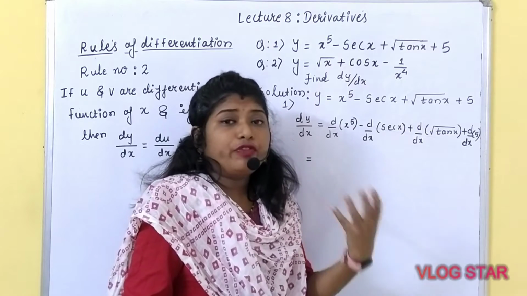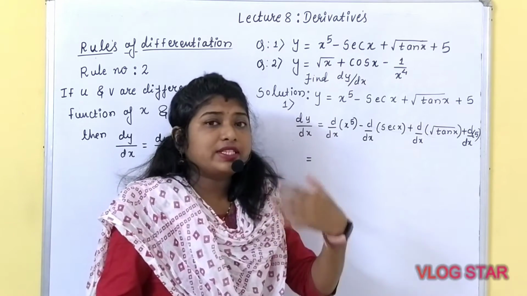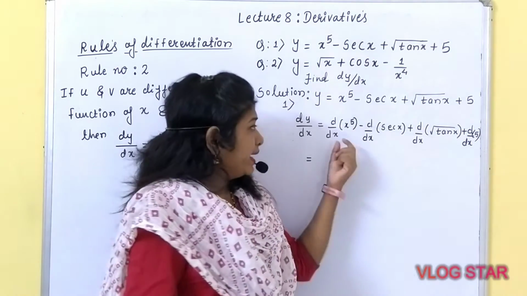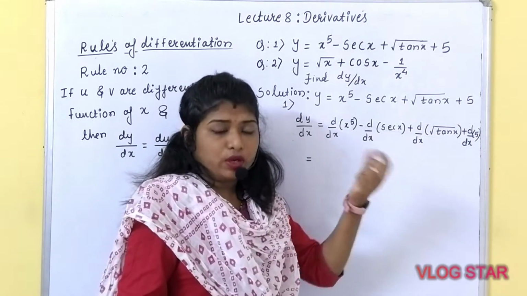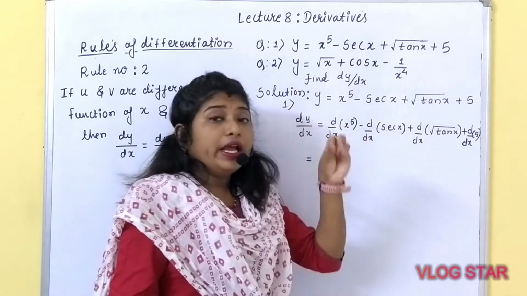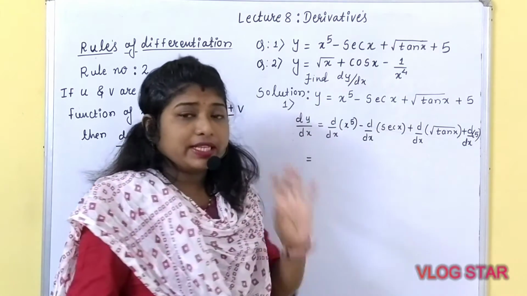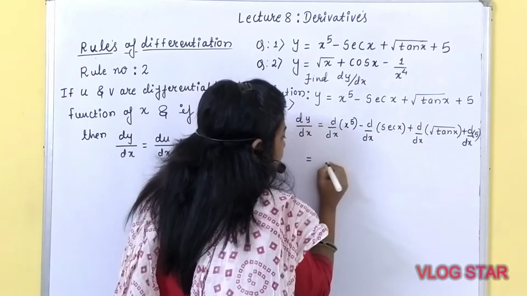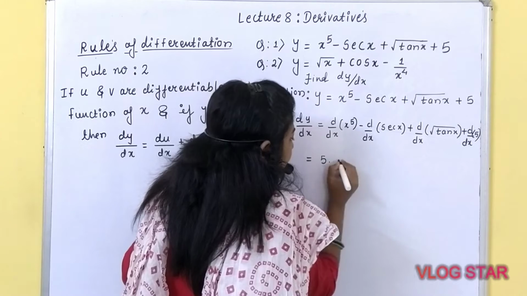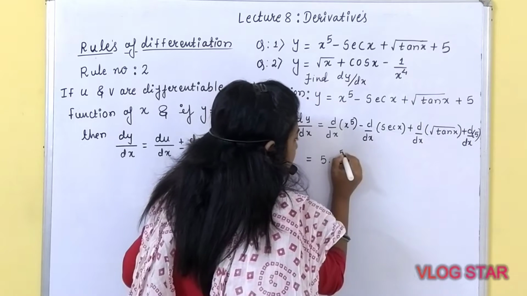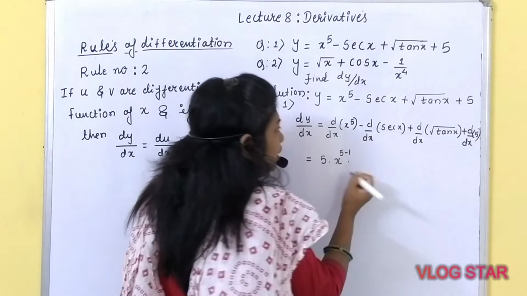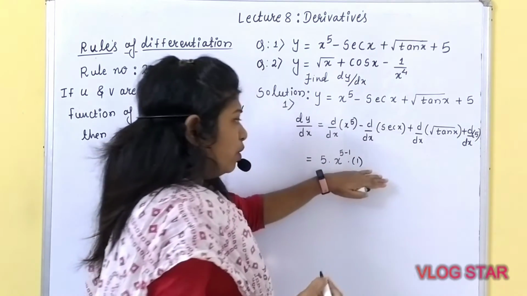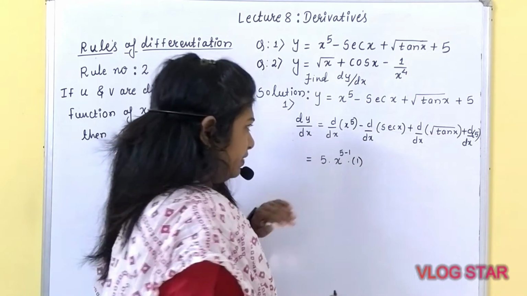The derivative of f of x raised to n is n into f of x raised to n minus 1 into the derivative of f of x, if you remember the composite function formula. So here we take 5 into x raised to 5 minus 1 into the derivative of x, that is 1. I hope you have understood the first derivative.